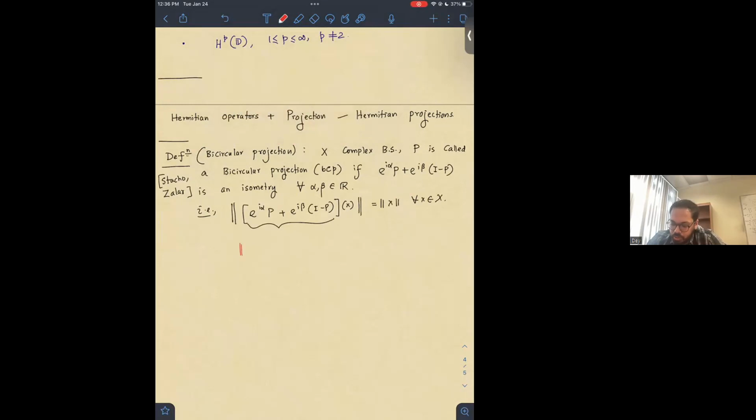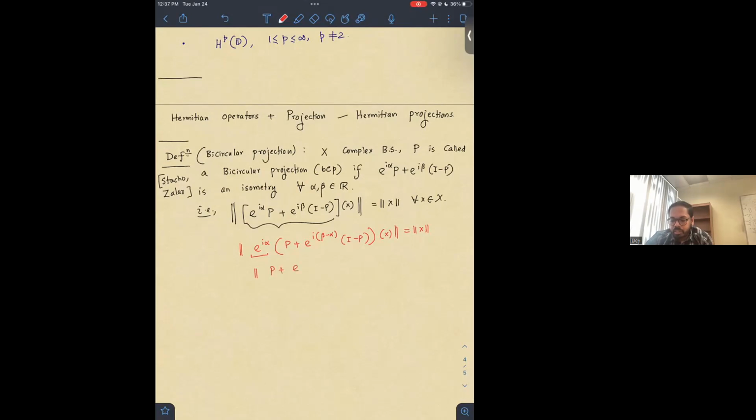So we can just pull out e to the i alpha, and then we can write it as e to the i (beta minus alpha) times (I minus P) of x. This is equal to the norm of x. This has to be true, but since alpha is real, this is norm 1, or absolute value 1, however you call it.